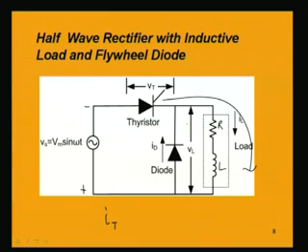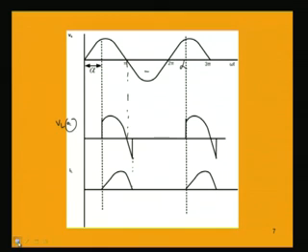That is the difference that flywheel diode is making, because earlier what we have seen in the inductive load, even when the supply was in the negative half cycle, at that time we were getting a voltage across the load which was negative. This is the supply voltage and load voltage is same, and the current was flowing.